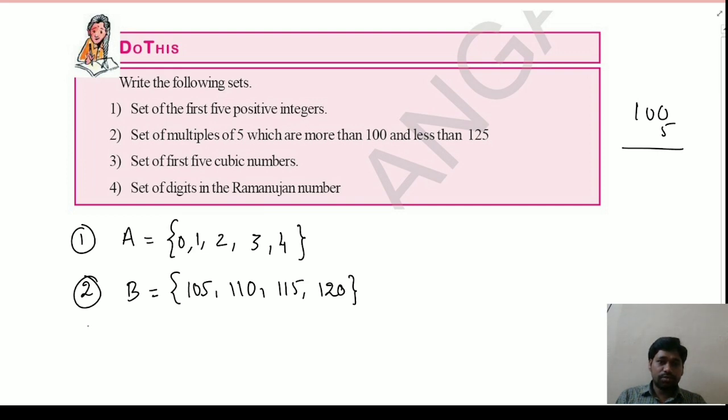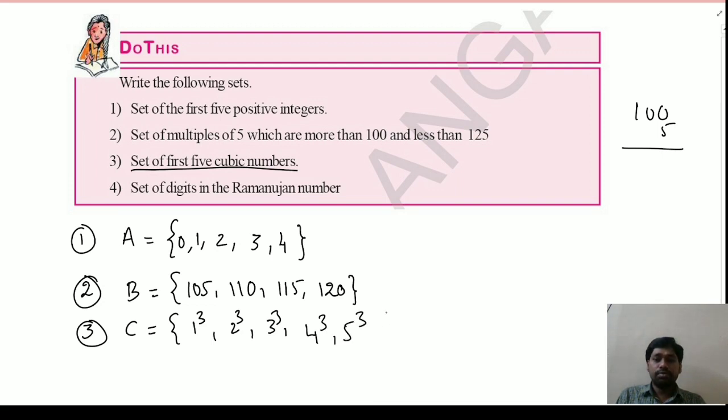Next, the set of the first 5 cube numbers. Let us say set C is the set of the first 5 cubes: 1 cube, 2 cube, 3 cube, 4 cube, 5 cube.